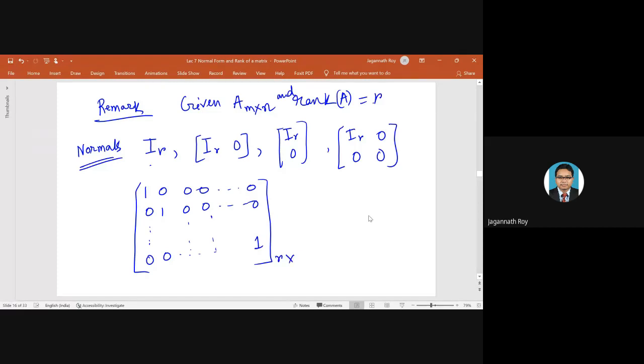Suppose this is an R by R matrix, the identity matrix of order R. Now we can see that a normal form is always REF. It is also RREF. So normal form is a very strong criteria, a very specialized one.